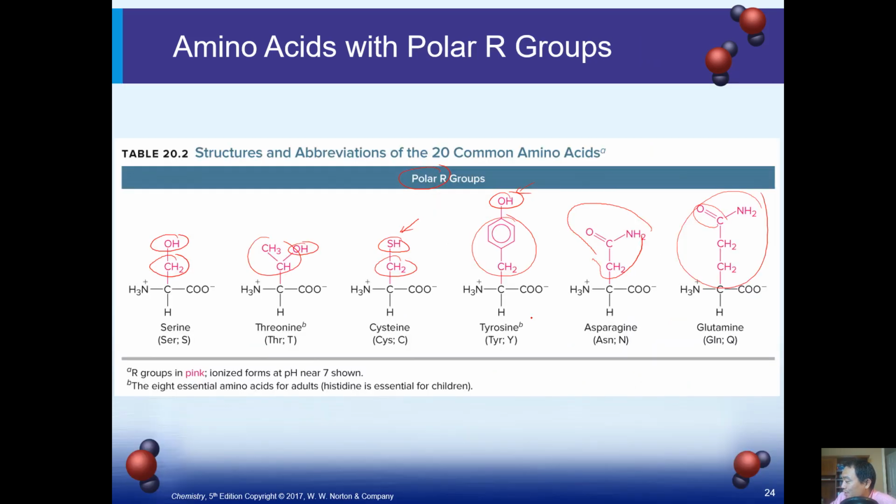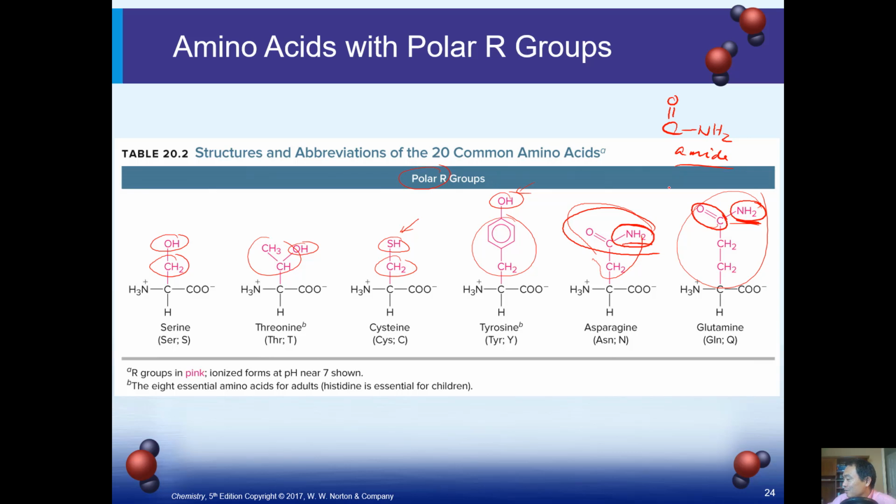And you have NH2 over here. That's not basic, because it is connected to a CO double bond, or carbonyl. Usually if you have NH2 connected to a carbonyl, that's actually a so-called amide. So this is not an amine.